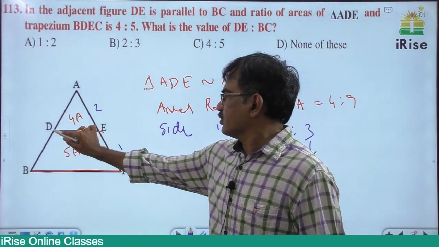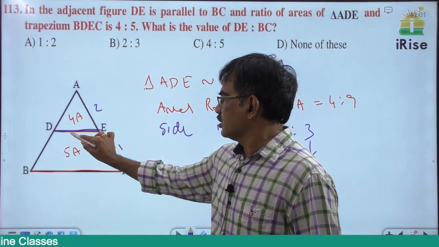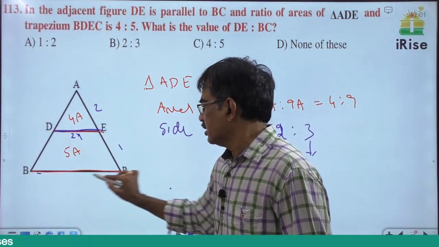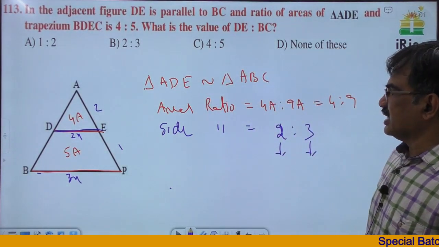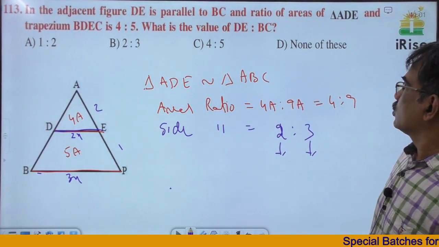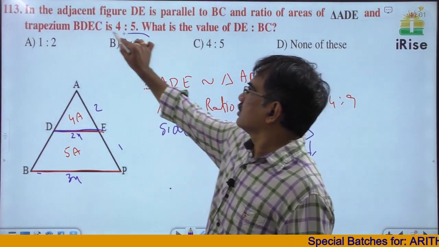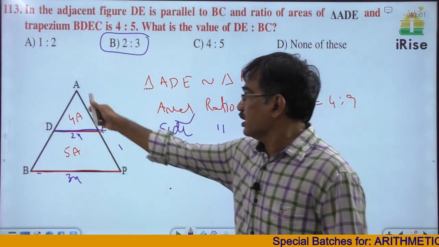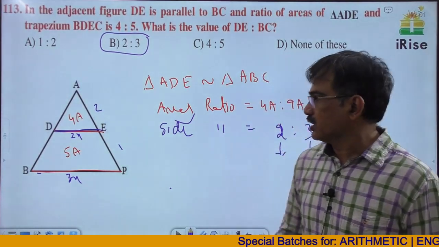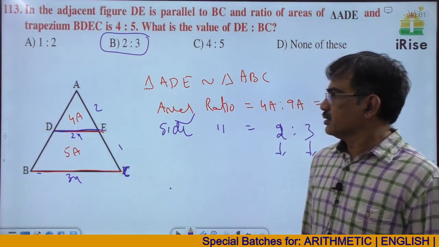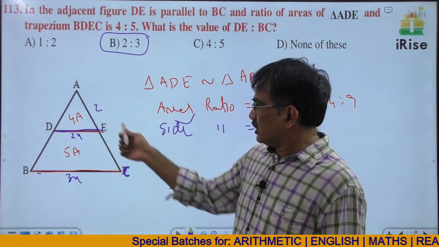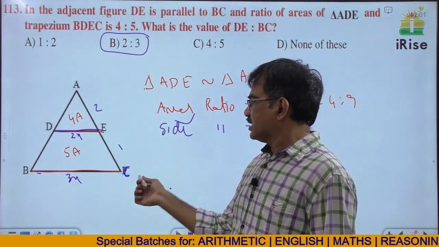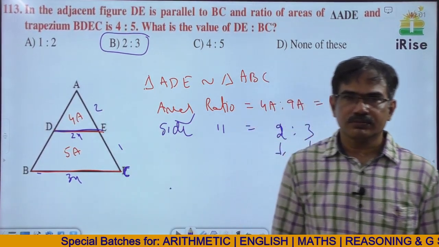So side of small triangle 2 parts, if this is 2x, side of big triangle 3 parts, 3x. So what is DE is to BC? 2:3. The answer is this one. They don't want AE is to EC. Okay, if they want AE is to EC, 2:1. AE is to AC, they want 2:3.